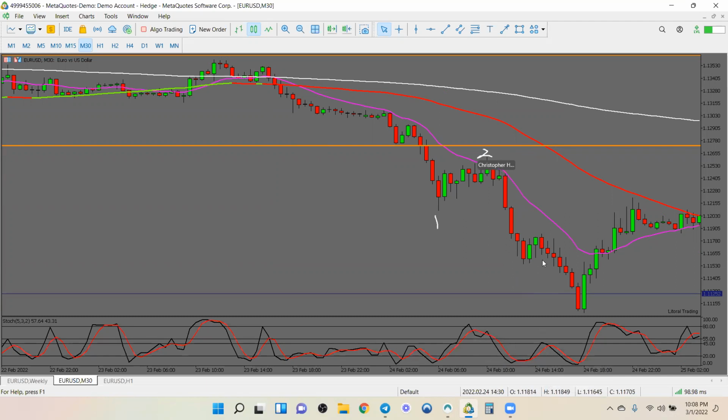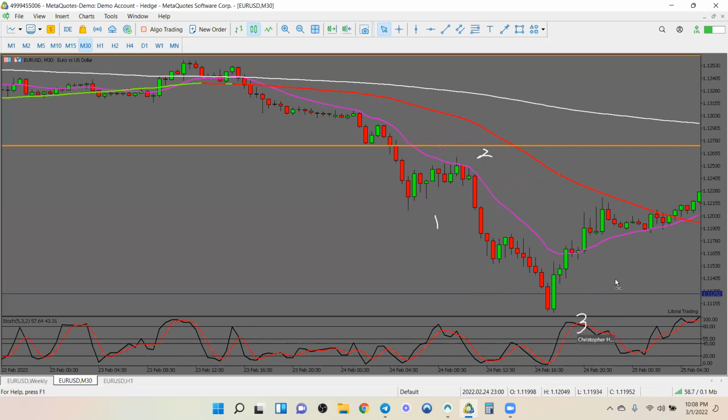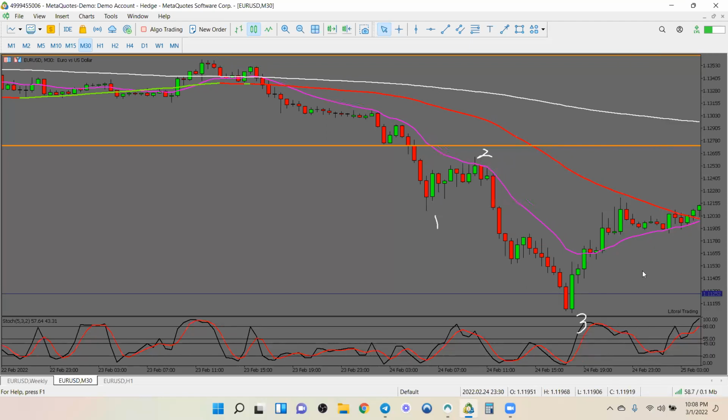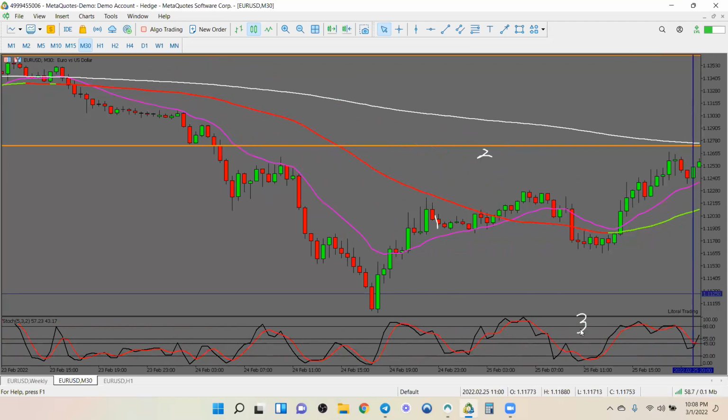It's going to be 3. Not quite. K did, look at D. D did not get back above. So this is no count here. Oh, you're correct. Okay. So all of this would be 3. It's your 3. Where's your 4? Then 4 would be here.